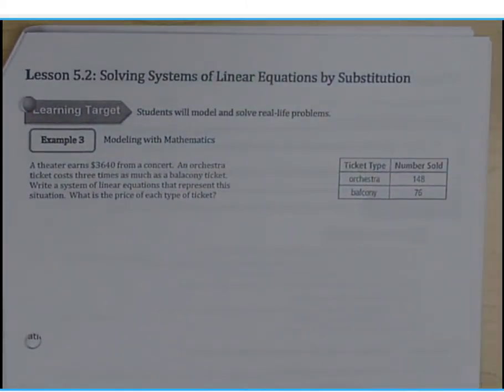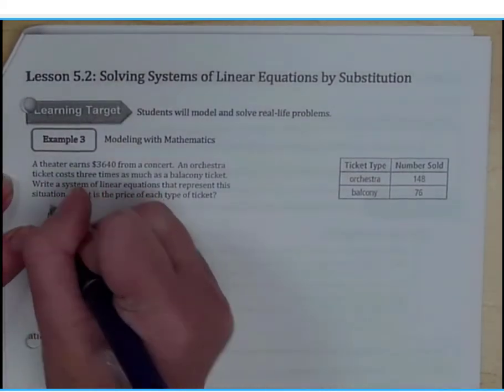All right, let's take a look here at a story problem. So a theater earned $3,640 from a concert. An orchestra ticket costs 3 times as much as the balcony ticket. Write a system of linear equations that represents this situation. What is the price for each type of ticket? Now, depending on what you use for x or y, your equation may change, but in the end, we should still get the same amount of tickets. So here we go.